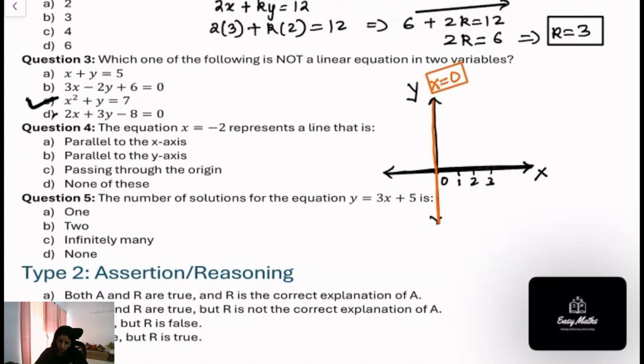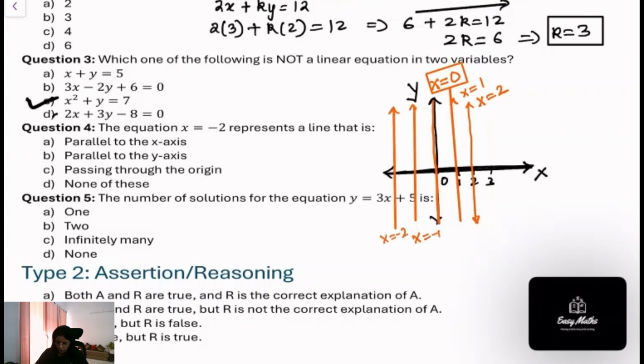Okay? The equation of this line is x is equal to 1. The equation of this line is x is equal to 2. The equation of this line will be x is equal to minus 1, and the equation of this will be x is equal to minus 2.